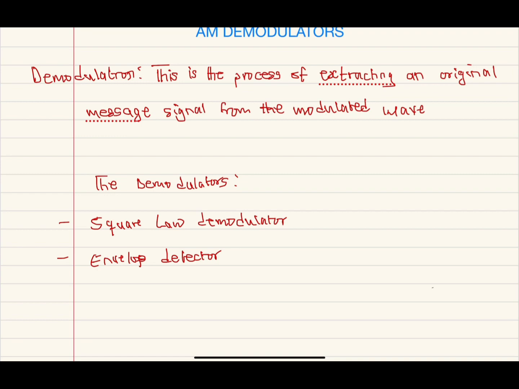So, not wasting much time, it will not be possible to recover the original information signal from a modulated wave if we don't do demodulation. And therefore, we can say that demodulation is actually an important concept as far as communication systems are concerned.